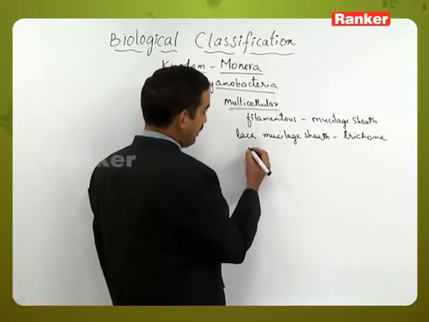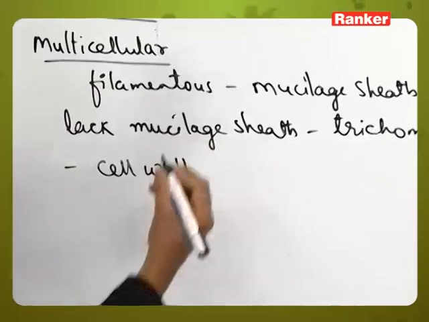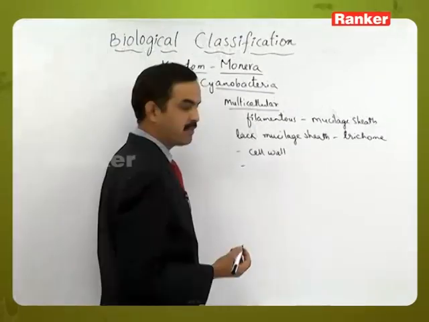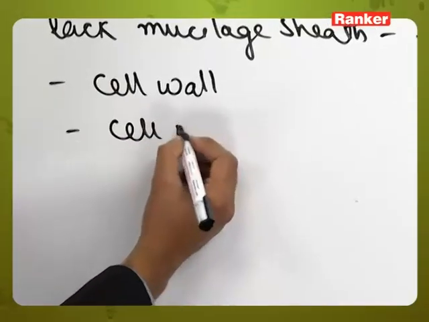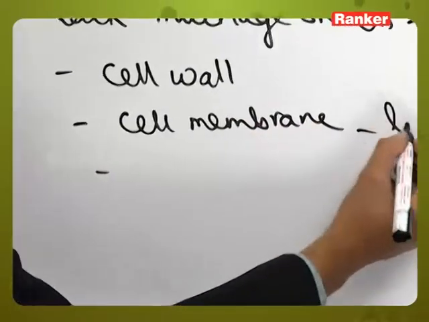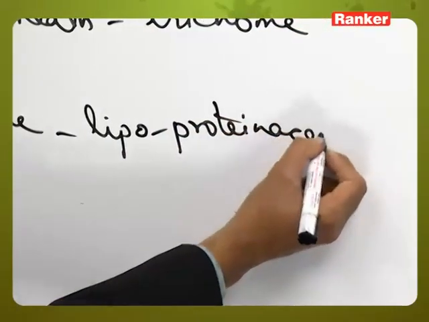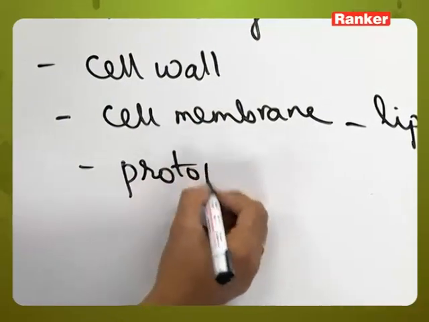Then the cell wall is present around the cells, and this cell wall helps in protecting the inner structure. Apart from the cell wall, they contain the cell membrane inside it, which is lipoproteinaceous in its nature, and inside the cell membrane the protoplasm is present.